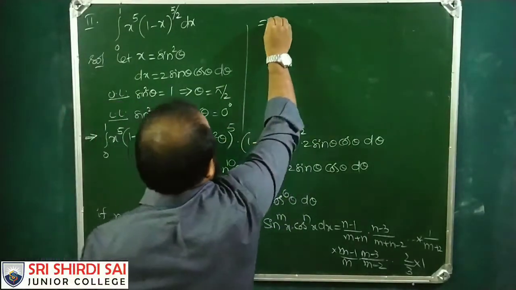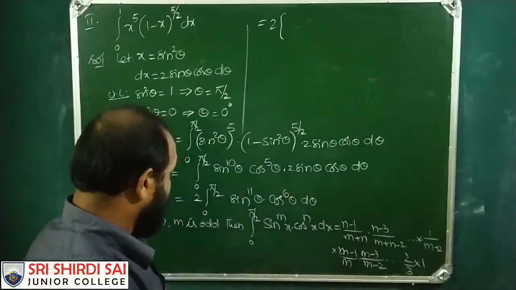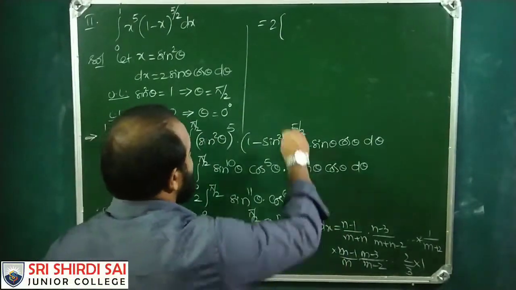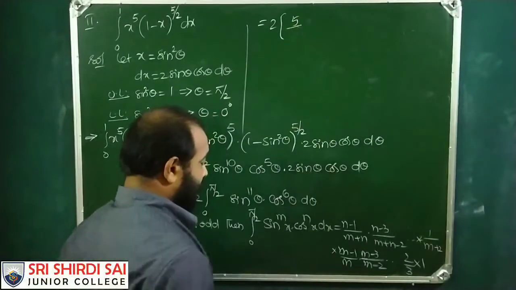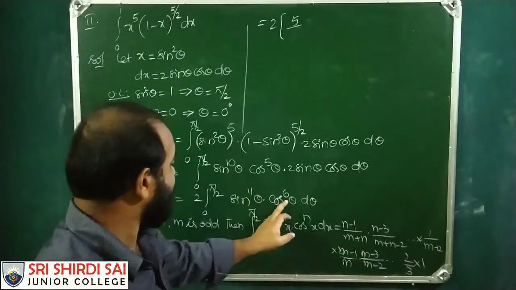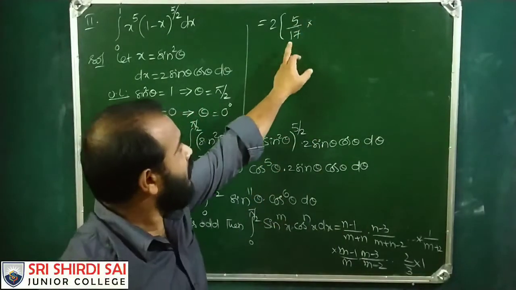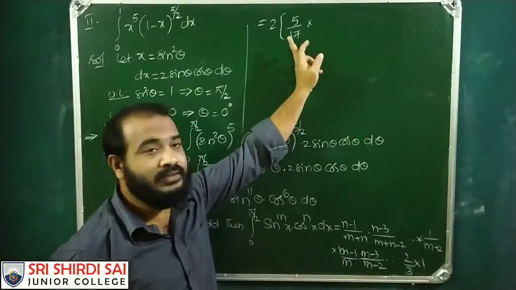Therefore, this is 2 into... see this, n is 6. 6 minus 1, 5 by m plus n, 11 plus 6, 17. So just writing the first term is important.